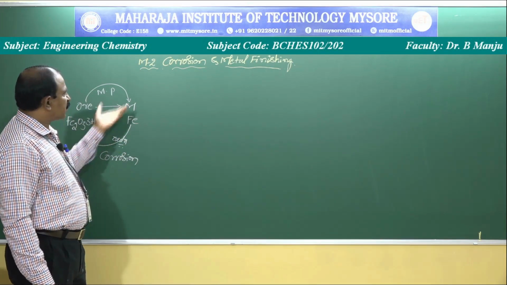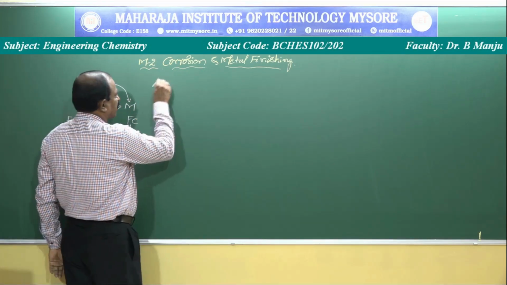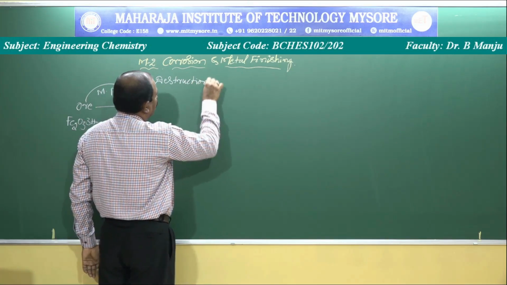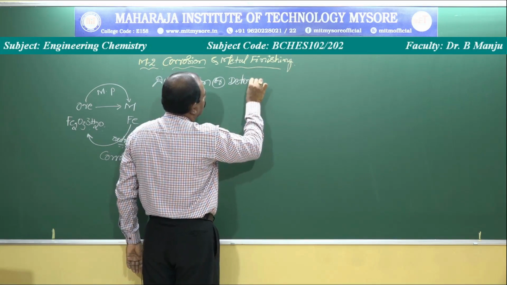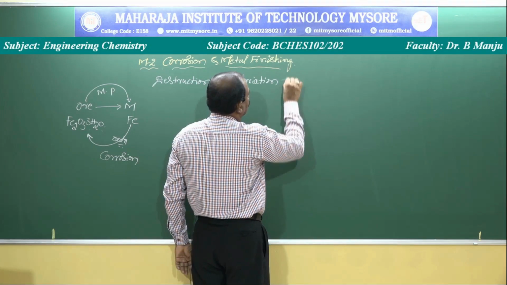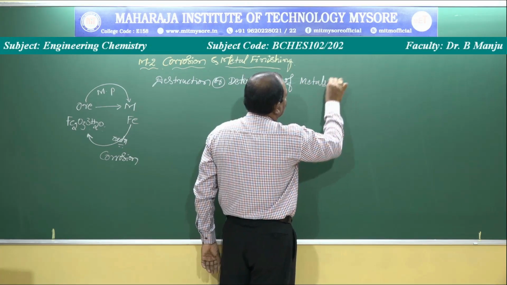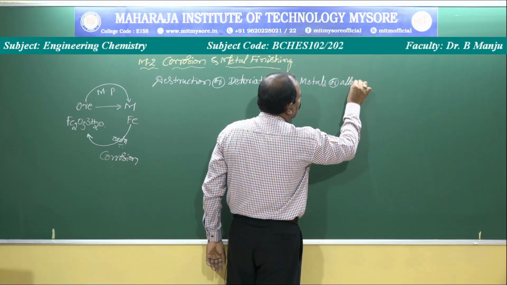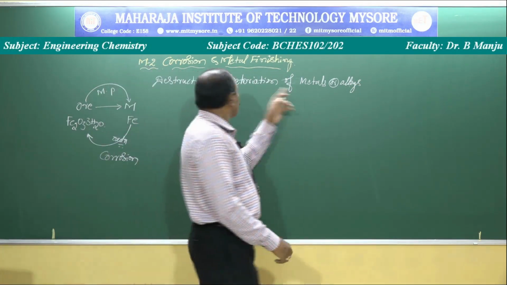Now you tell me, what is the definition of corrosion? Corrosion can be defined as destruction or deterioration of metals or alloys. Not only metals undergo corrosion, even alloys also undergo corrosion.